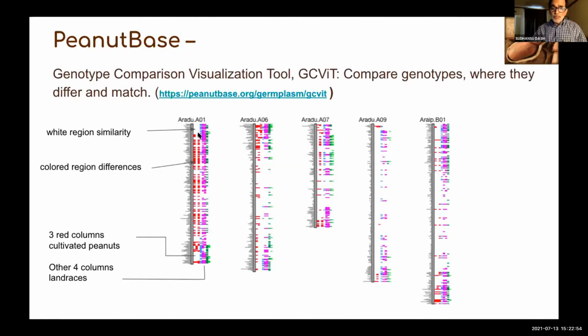But more importantly, one can also check regions where introgression has taken place in the cultivated genome coming from different landraces or even from wild diploid types.